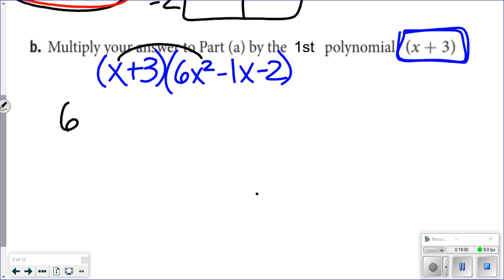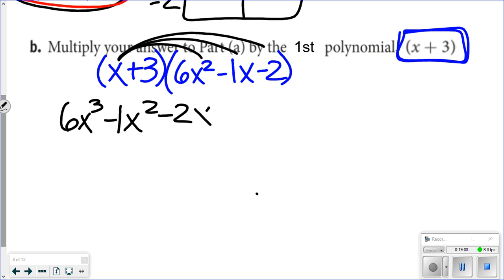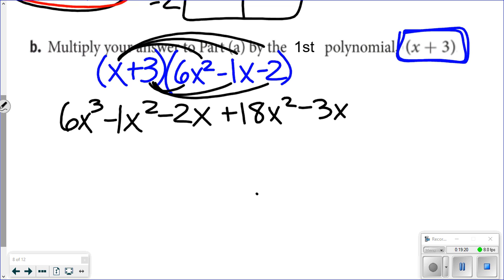So 6x cubed minus 1x squared minus 2x. And now we need to distribute the 3. So plus 18x squared minus 3x minus 6.